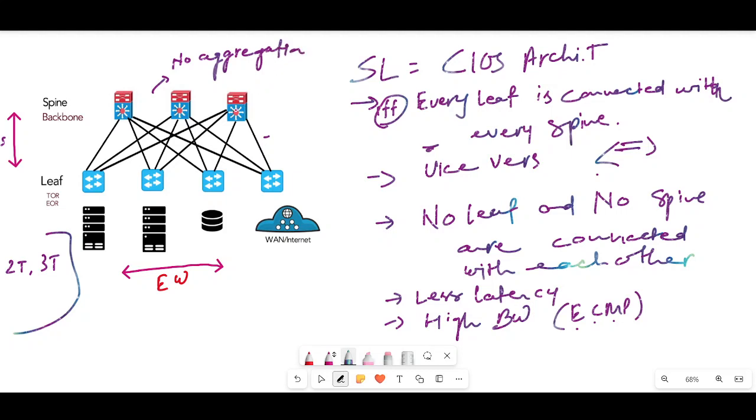In expensive cabling, the 3-tier and 2-tier architectures need more cabling, but here two cables are enough, first and second. So this network is very scalable.